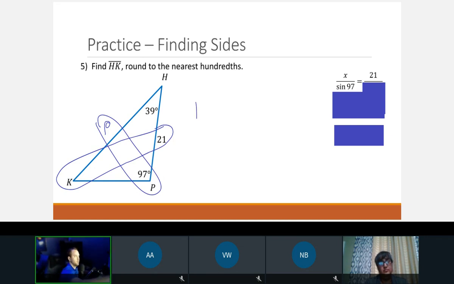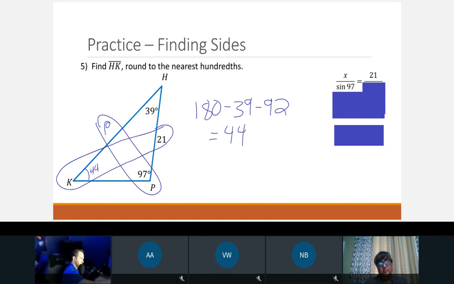So we do 180, because that's what a triangle's angles add to, then minus the 39, and then minus the 97. That equals, I think somebody said 44. So that means angle K is 44 degrees. Pretty neat. Nothing rocket science, right? So that's why we have sine of 44 there.